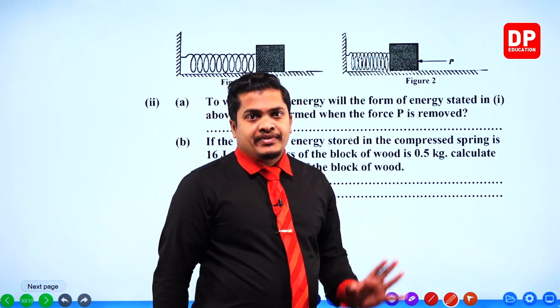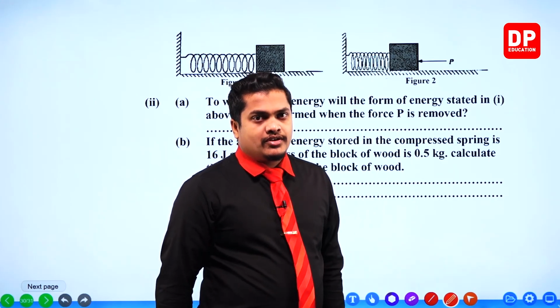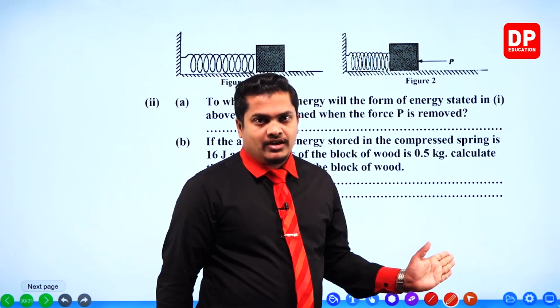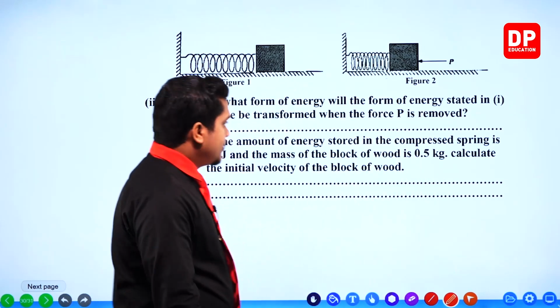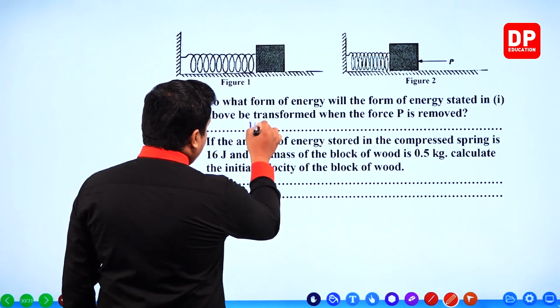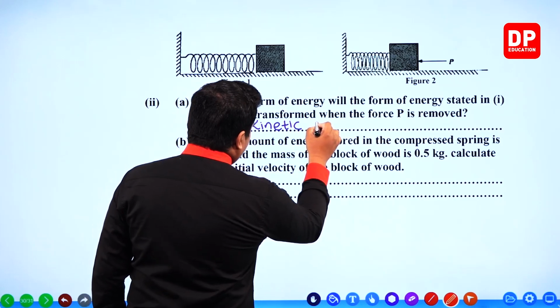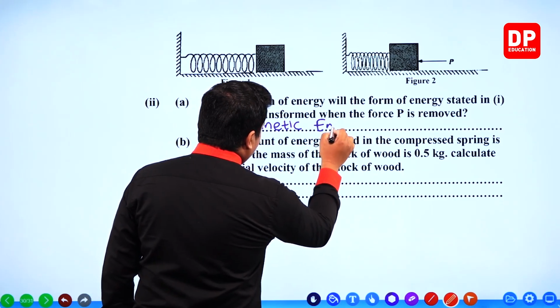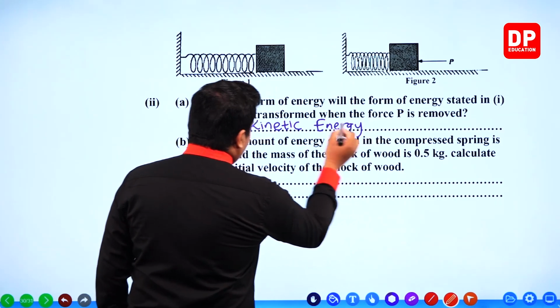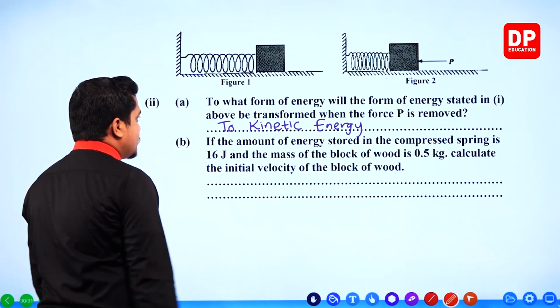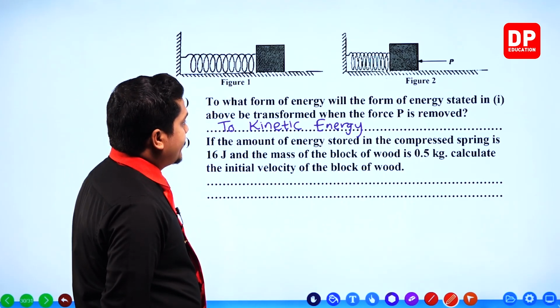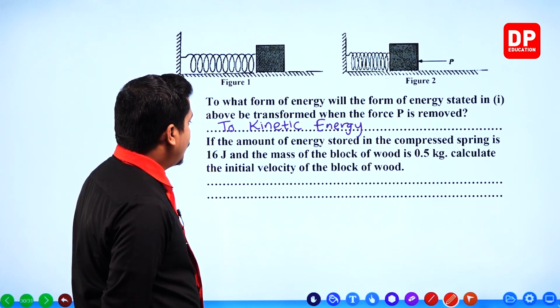So, here the energy transformation is, my dear children, from potential energy to kinetic energy. You can write: to kinetic energy. Right, to kinetic energy. Next one.